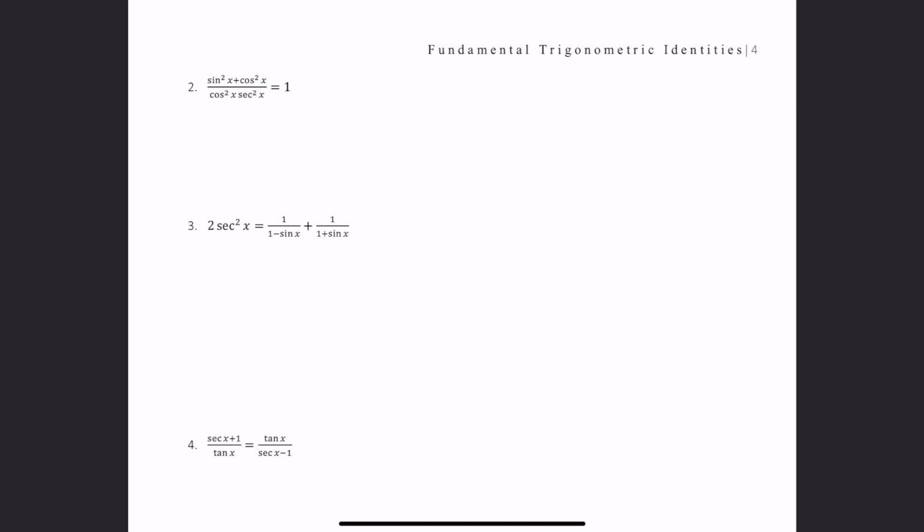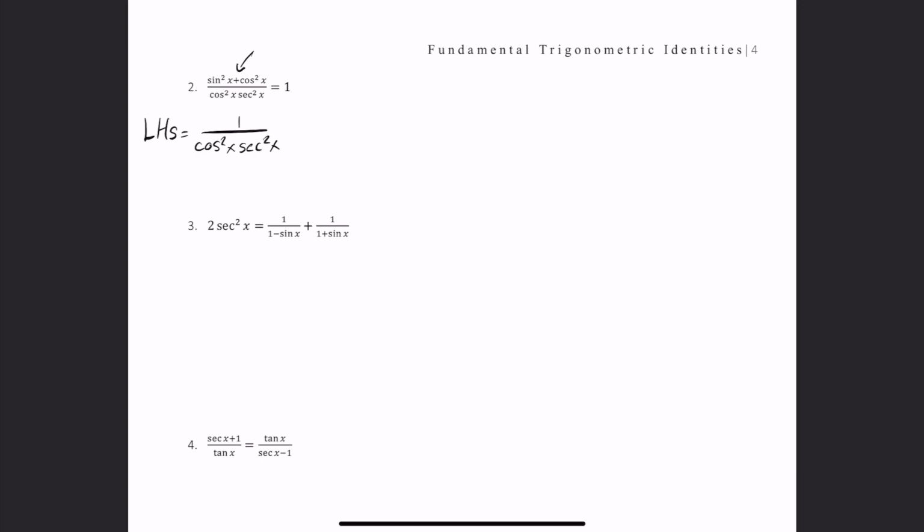Obviously, you can't really do anything with that 1. Technically, you can, but it's difficult. Okay, so starting with the left-hand side, we know this is just equal to 1 with our Pythagorean identities. So 1 over cosine squared x times secant squared x.